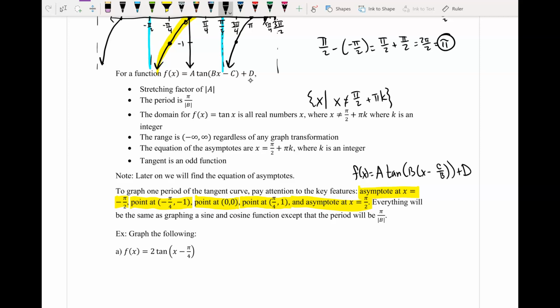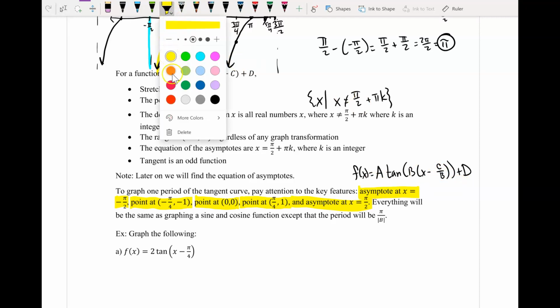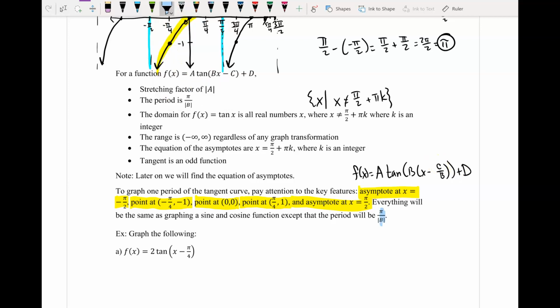You still want to do the same thing. This is going to be the phase shift, and this is going to be the new period. The only thing that's different now is that our period is going to be pi over b, not 2 pi over b. All right, so let's go ahead and do some examples.